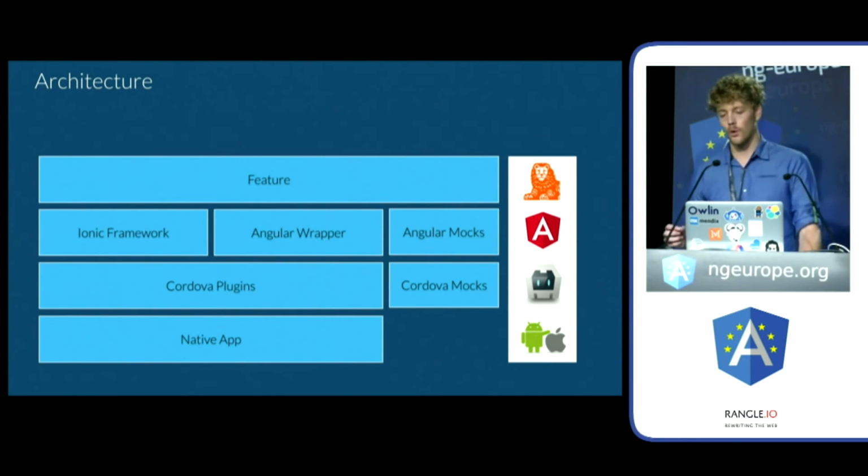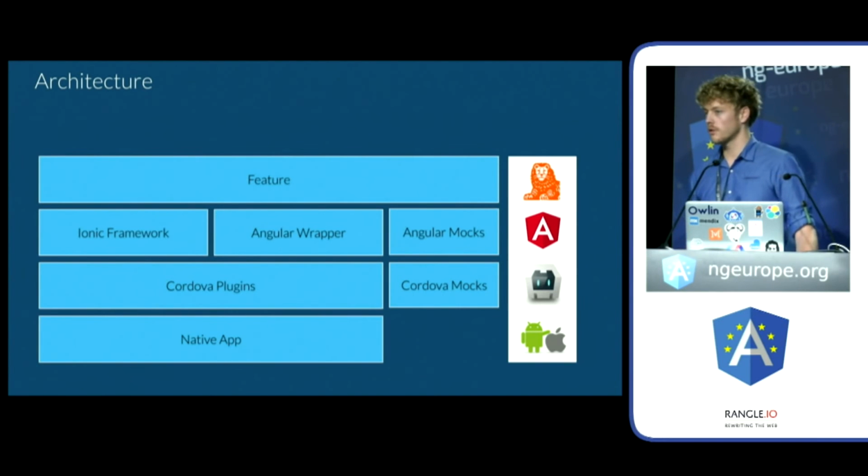So by making mocks for all the Cordova plugins, you can, as a developer, stay as long as possible in the browser, do all your testing and development there, and only when you do a confidence check, when everything works as well as you think in the browser, you deploy it to the mobile device. So these mocks will help there.